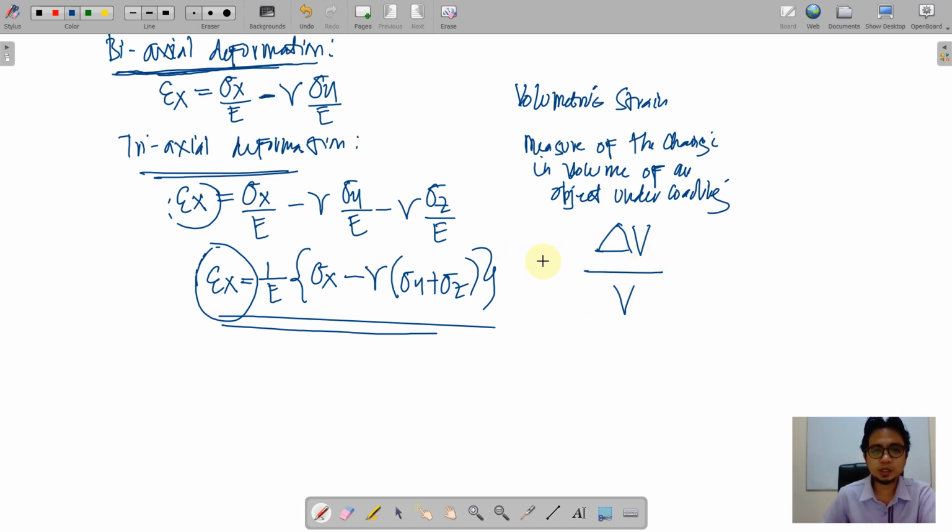So it is usually denoted by EV. And if you wanted to have a volumetric strain for a 3D or triaxial deformation, you just have to add all of the strain along X, Y, and Z. Okay.